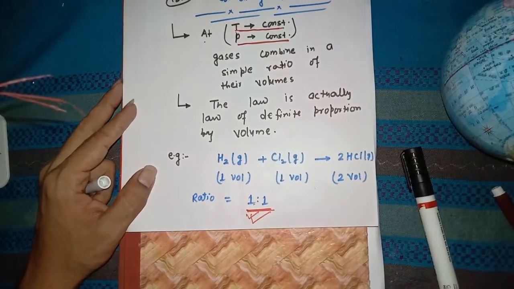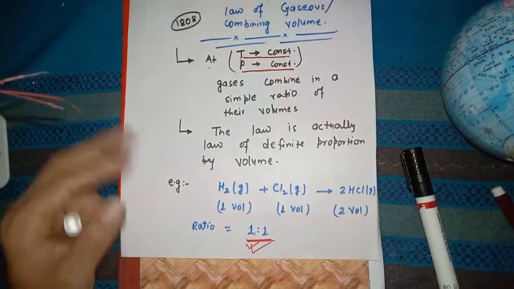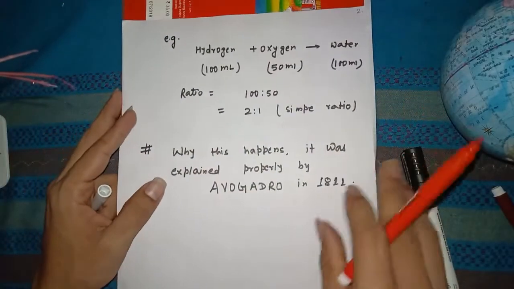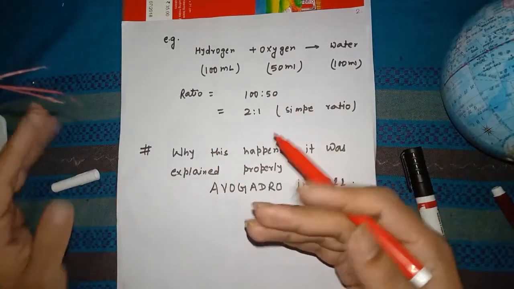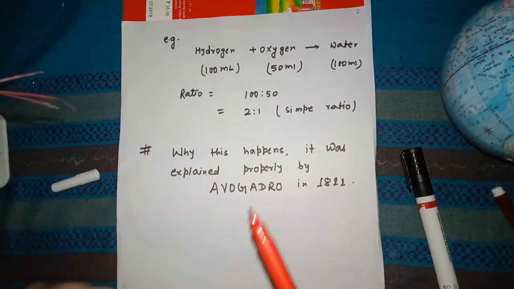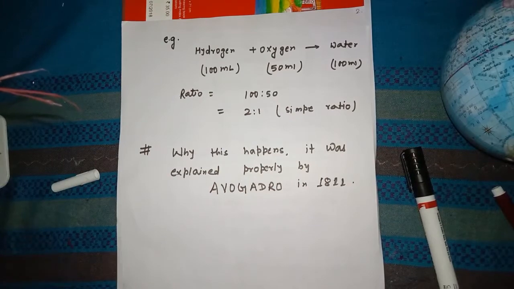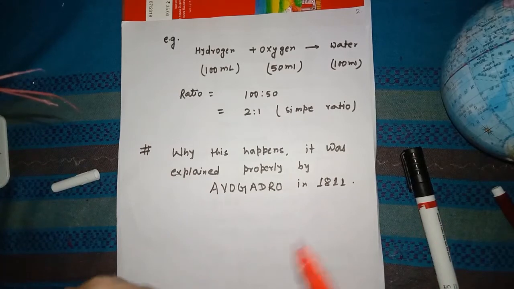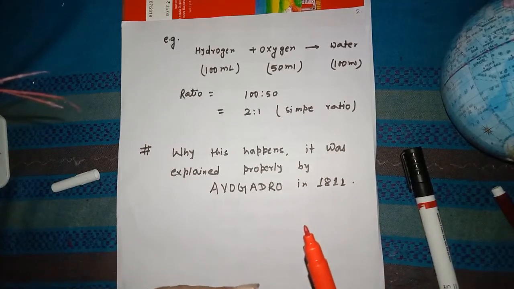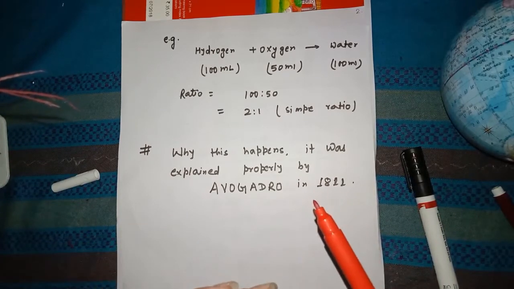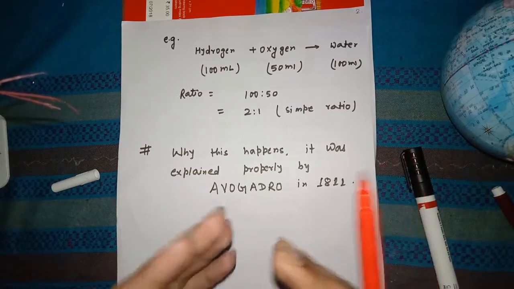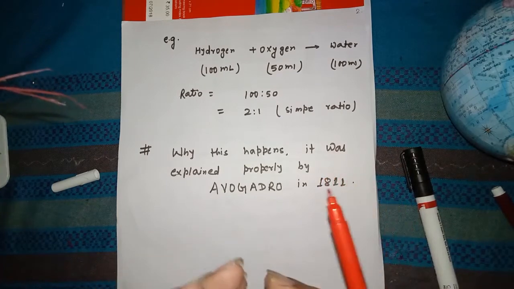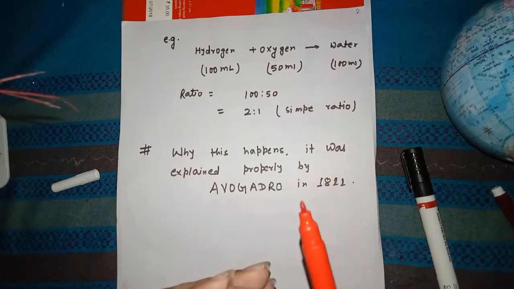Now I give you another example so that you can understand the practical meaning of it. If you take hydrogen and oxygen in your lab, taking hydrogen 100 ml and oxygen 50 ml, then you will find that water is produced with volume 100 ml. It is sure that you will find in the laboratory that you get 100 ml of water.